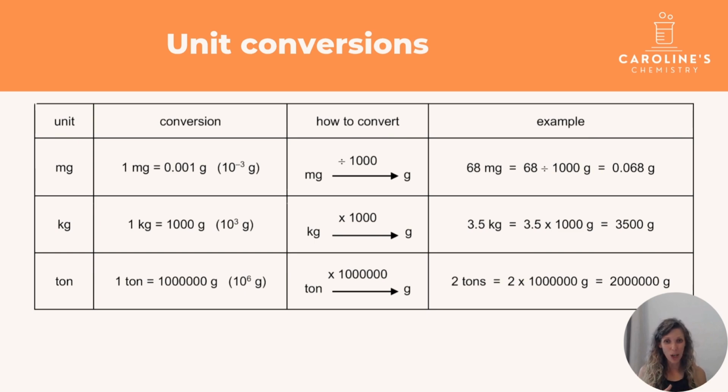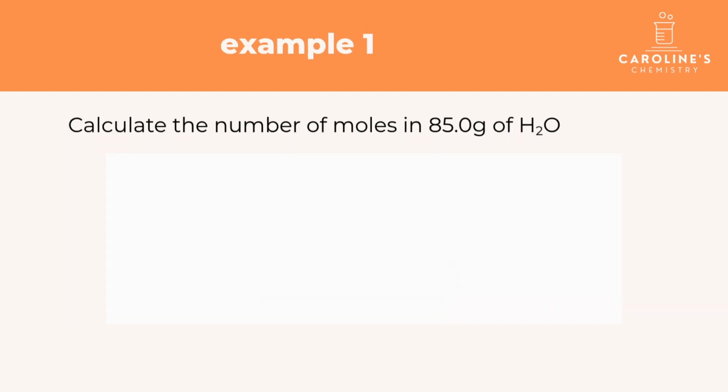Let's now have a go at using this equation. Remember to hit pause if you want to have a go at it before I work it through and explain it all the way to the answer. So we're going to start off by rearranging the equation. Now, if you struggle to rearrange the equation, then the triangle is a good way to do it.